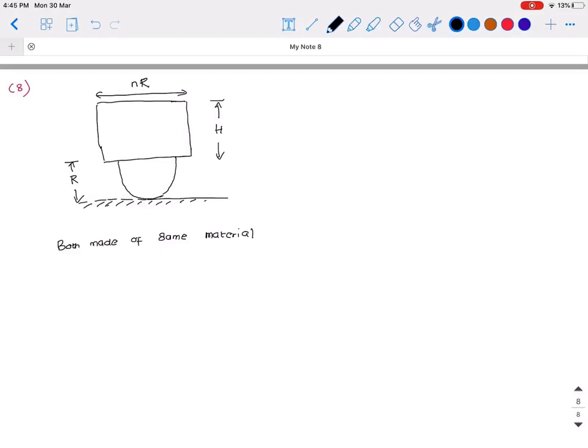So what we need to find is the minimum radius r in terms of h for stable equilibrium.